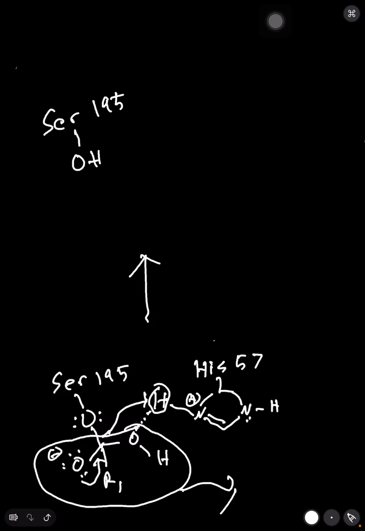So it's free. Live free. Woohoo. And it's released as a carboxylic acid, which will probably get deprotonated in the pH environment that it's in once it's released, and it'll eventually form carboxylate, right? But the full acid is the leaving group.